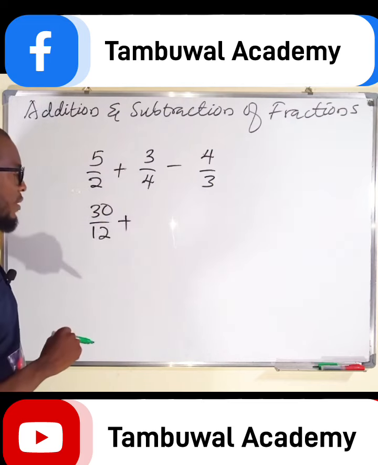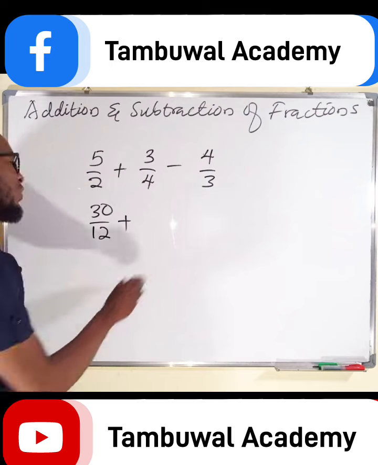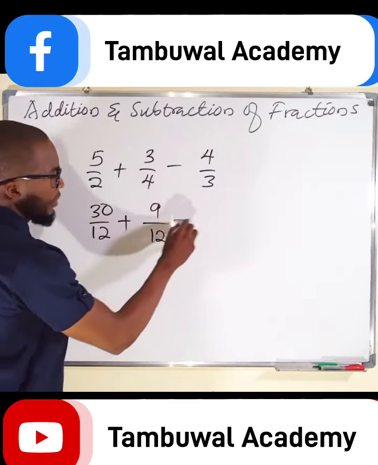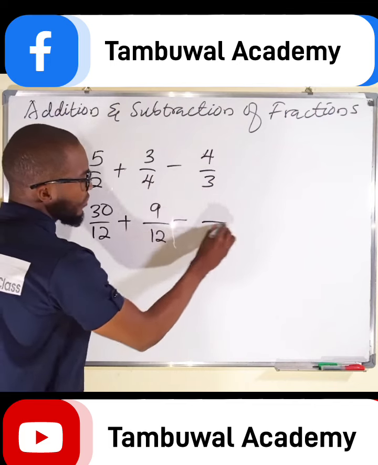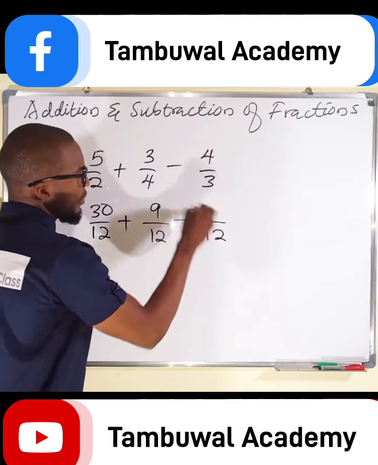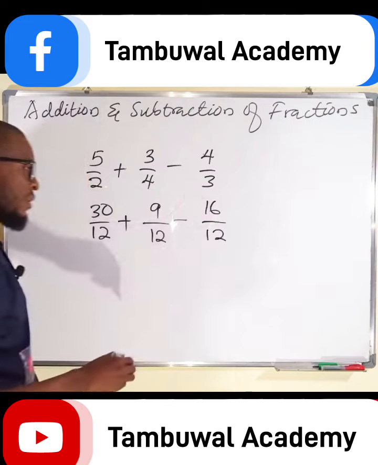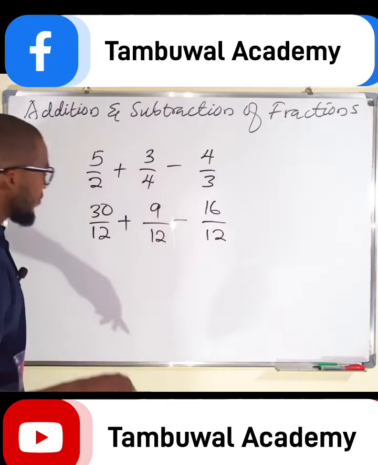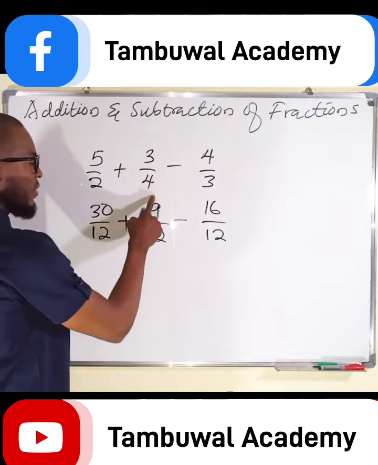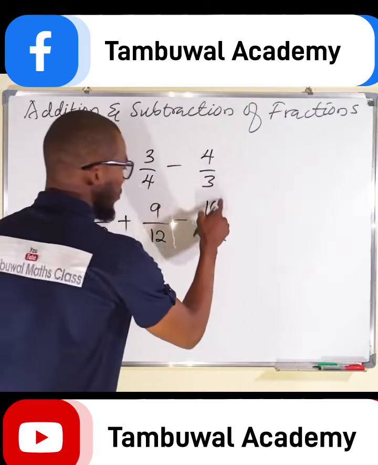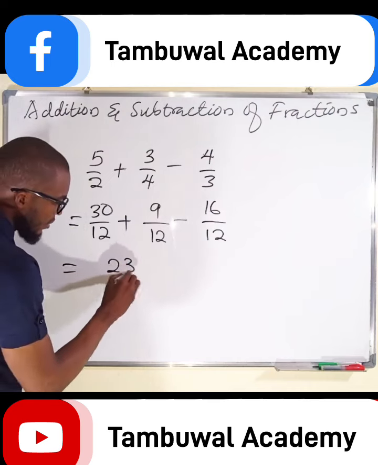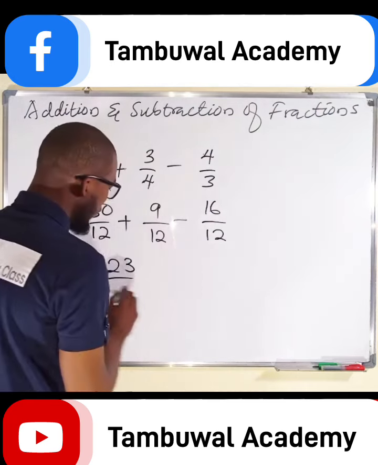Multiply this by 3 to obtain 12. Times 3 is 9. Times 4 is 12. Times 4 is 16. All these are corresponding equivalent fractions. This plus this is 39. Minus 16 is 23. So we have 23 over the common denominator, which is 12.